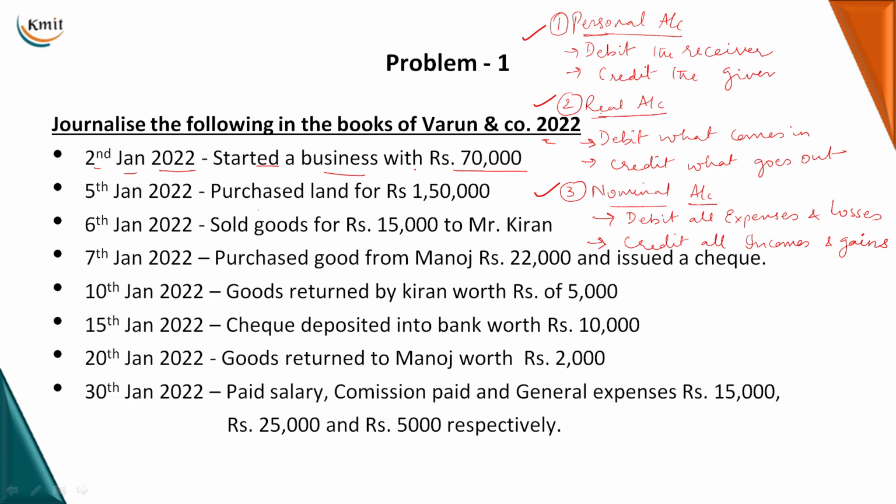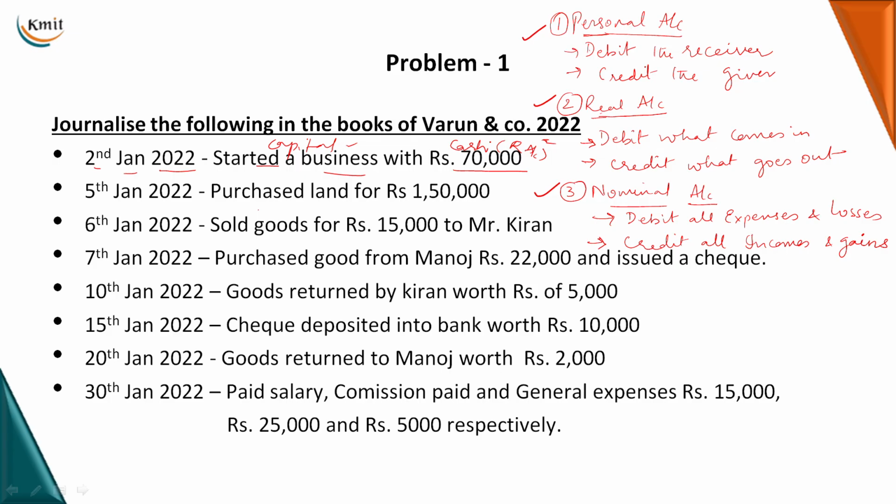The business is receiving the cash, that is 70,000. This is cash, right? That is nothing but a real account. When the cash is introduced in the business, that becomes capital. So we have identified these two types of accounts here, cash as well as capital.